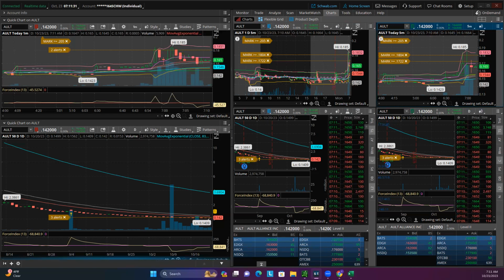It's moving pretty slow. This news actually came out at 6:30 a.m. At 7 a.m. they did 48,000 shares in that candle. 7:01 they did 81,000 shares in that candle.